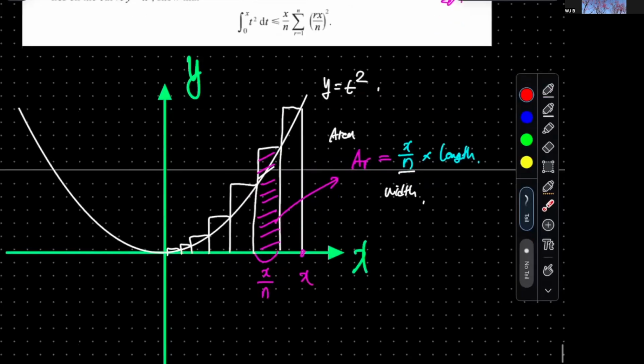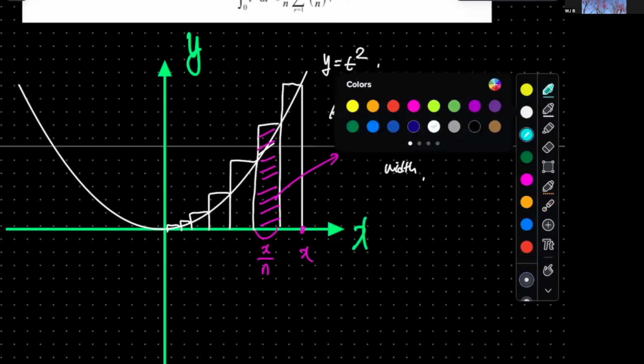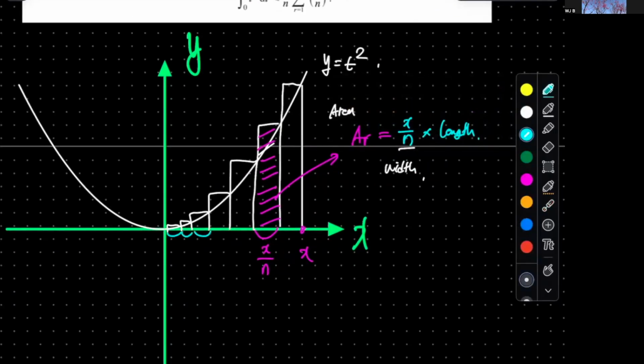Very good. It's going to progress, all right guys, by an arithmetic sequence. That is a great answer. So I start with the initial term a equals 0. And for the rth rectangle, this will be from 0 plus r many times my common difference, which is x over n. So in fact, this rth term is going to be r times x over n.